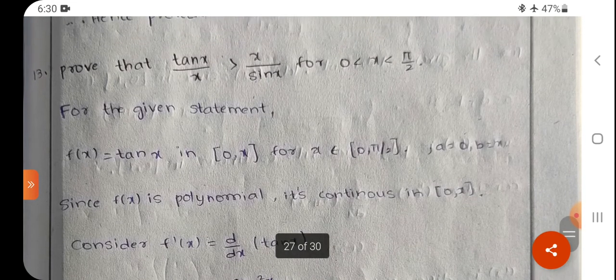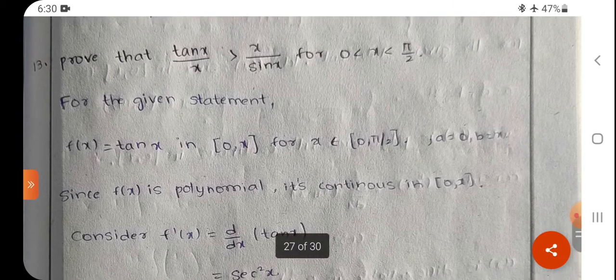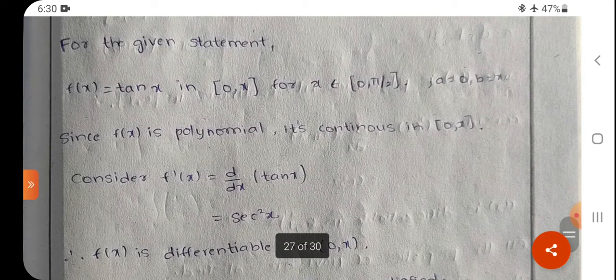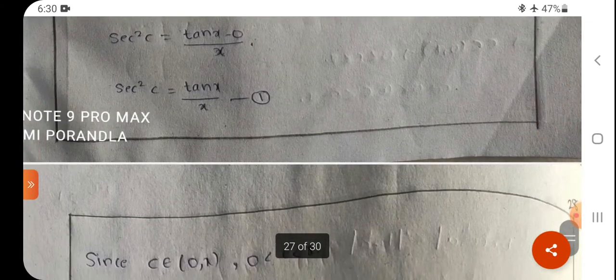Here two functions you need to take by applying the Lagrange principle. One function is f of x equal to tan x, and another is f of x equal to sin x. By taking f of x equal to tan x, you calculate one expression, and finally you get one equation.